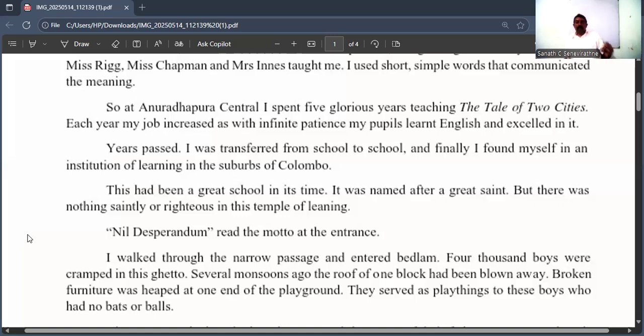Right. Now that also we discussed that she doesn't want to mention the name of the school where she worked in Colombo.